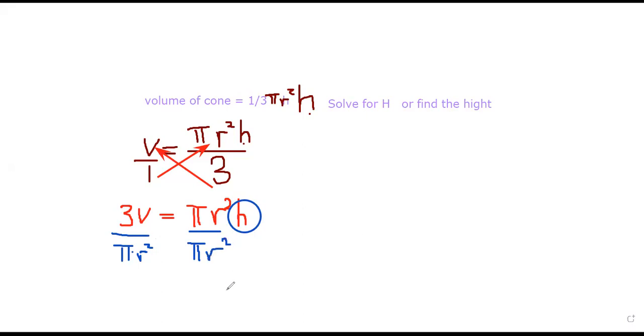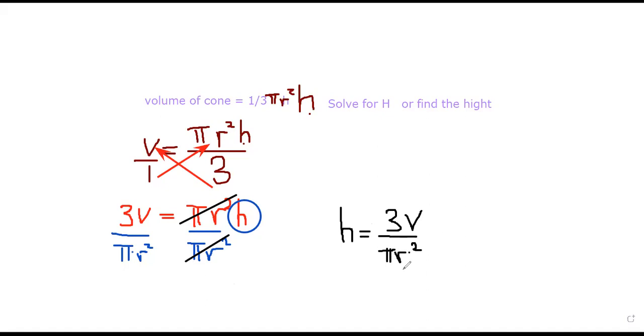Then we cancel pi r squared with pi r squared, and we keep only h equals 3v over pi r squared. Okay, so this was your question, Kinsey.